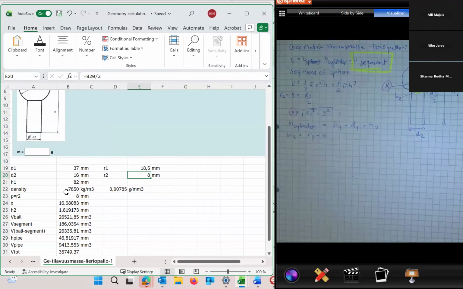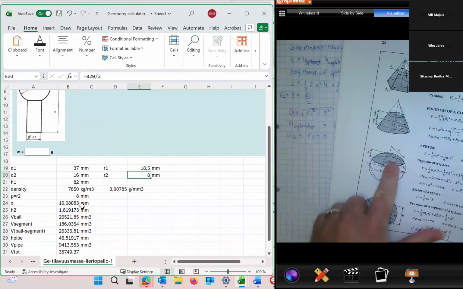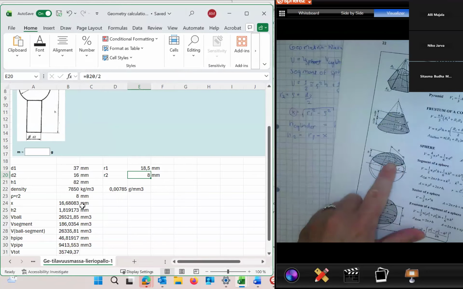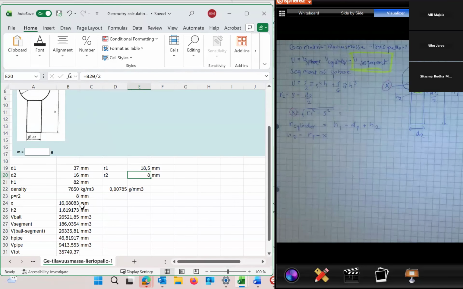Then the height, I marked the density, and then I marked this, whatever row, the way the equation book marked the radius of the segment here. So I marked it with rho then there, and then I call the X.